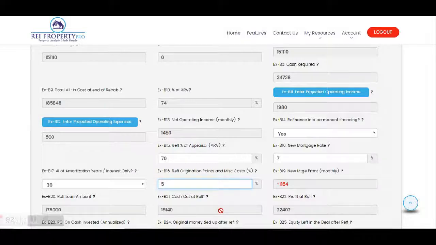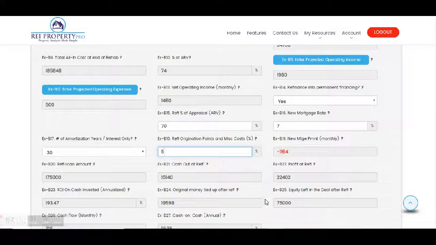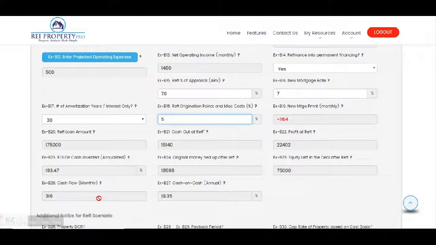When it scroll down just a little, look at the remaining numbers. Here we can see any cash flow, if any, and then we will have our cash on cash percentage here.